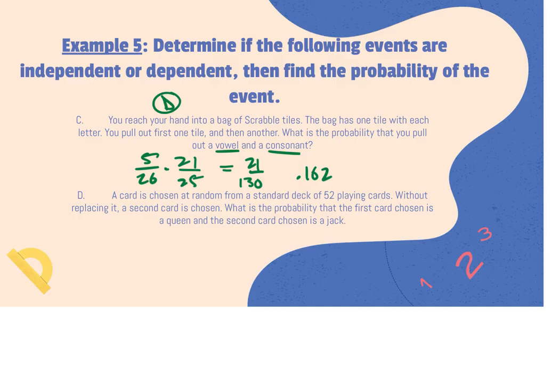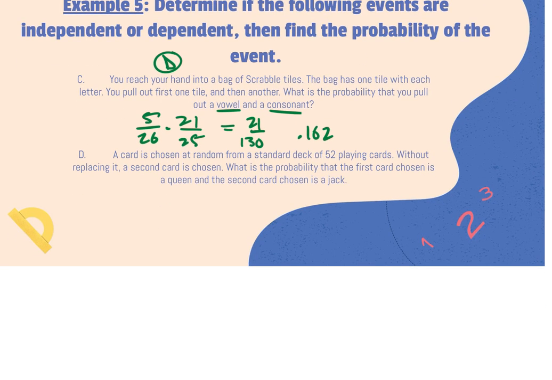So a card is chosen at random from a standard deck of 52 cards without replacing it. So without replacement tells you that it's going to be dependent. What is the probability that the first card chosen is a queen and the second card chosen is a jack? So you've got probability of a queen, then a jack. So the probability of a queen is 4 out of 52. Then you have 4 jacks left out of 51 cards.